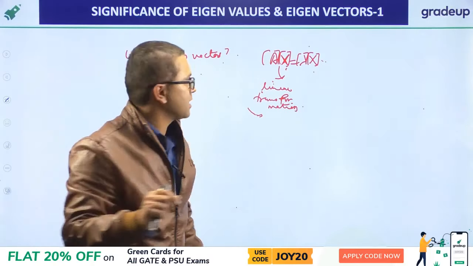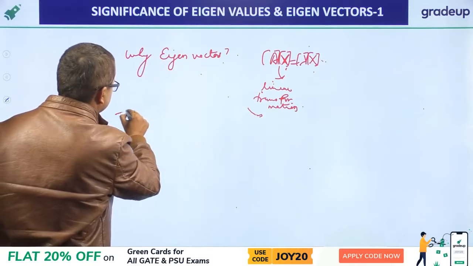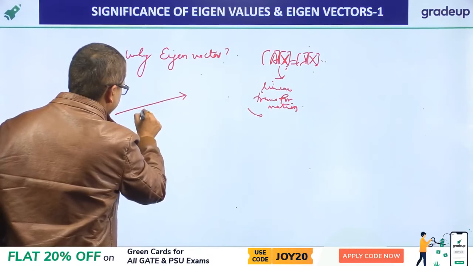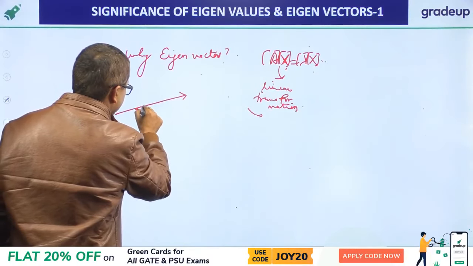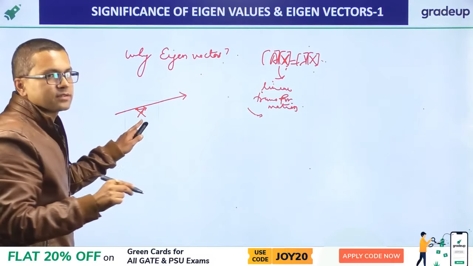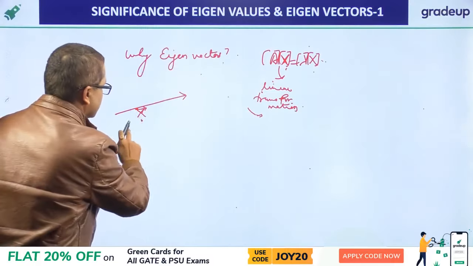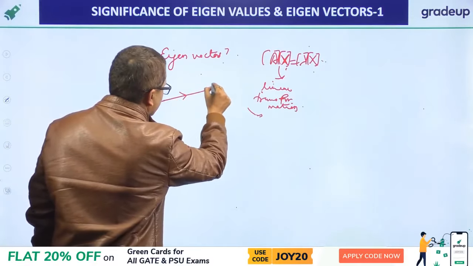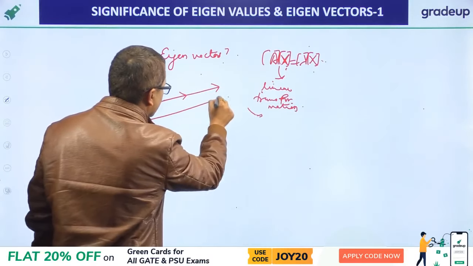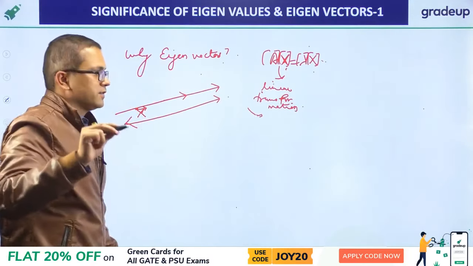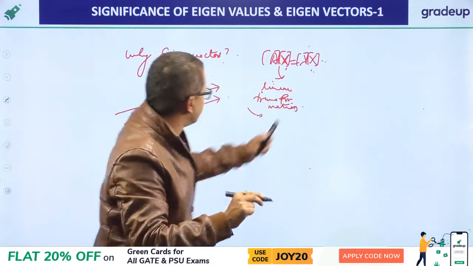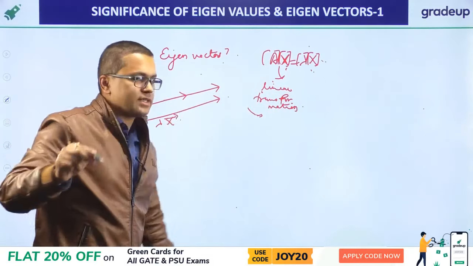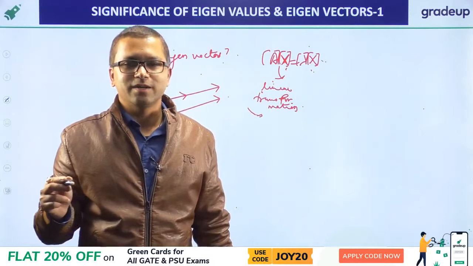For example, there is a vector x. If I multiply this with a matrix and the overall magnitude of the resultant right hand side becomes a scalar multiplication of x, then we say that x is an eigenvector.